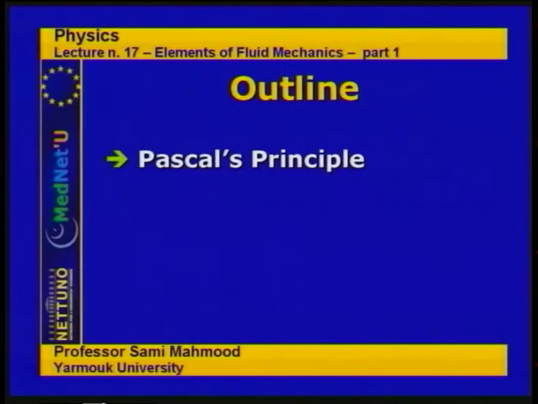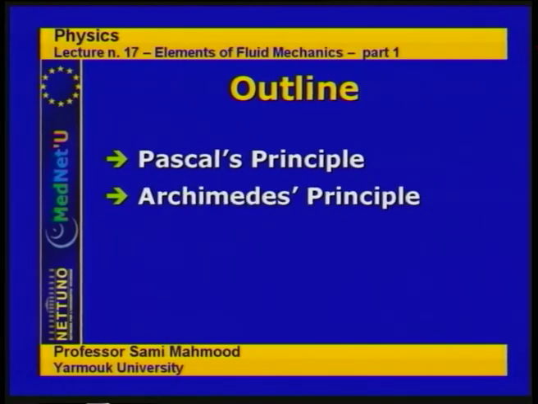After this, we will go on to study Pascal's principle and some of the applications as one of the applications of the principles of mechanics of fluids, and Archimedes' principle.